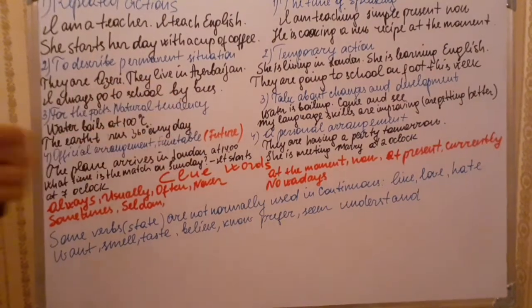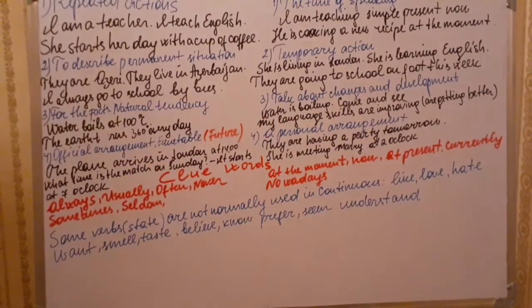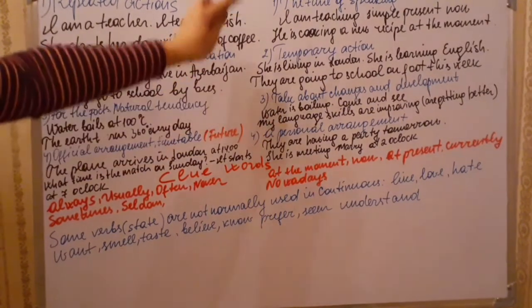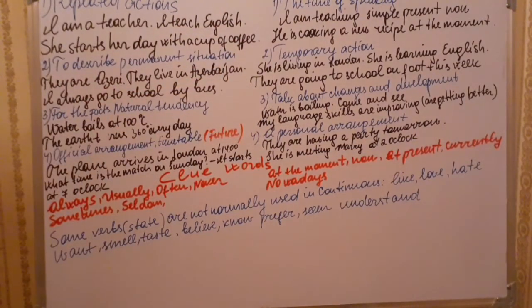It means that my language skills were bad in the last 2 days or the last 2 years, but as I'm working on myself, as I'm taking a course, my language skills are improving, are getting better and better every passing day.